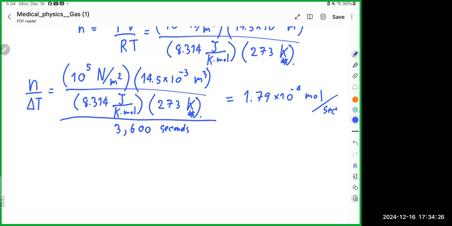Because the units of Newton per square meter and cubic meter combined cancel out, Kelvin cancels Kelvin, leaving just 1 by 1 mole, and 1 by second right here. You can convert it into mole per second.